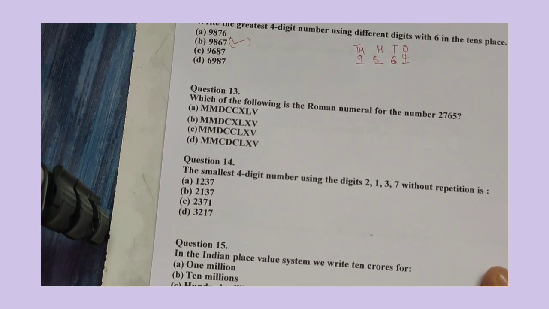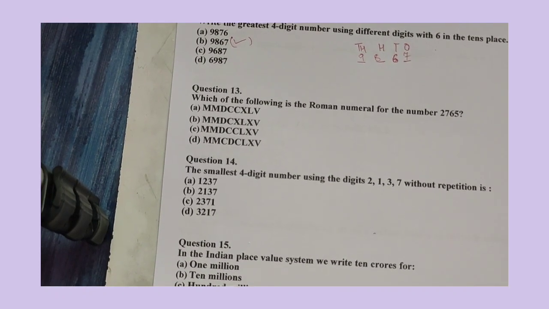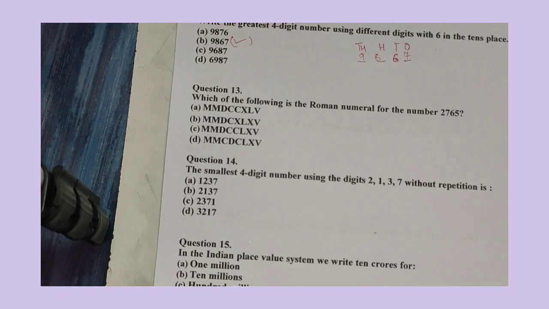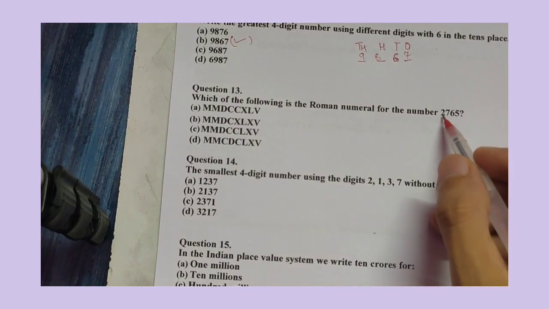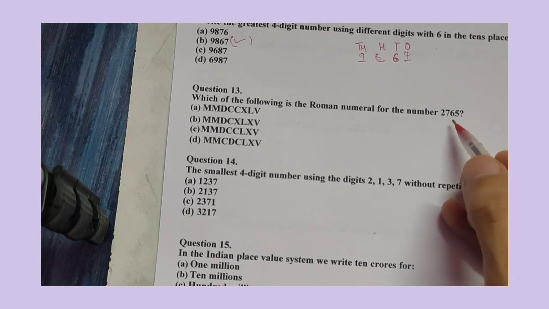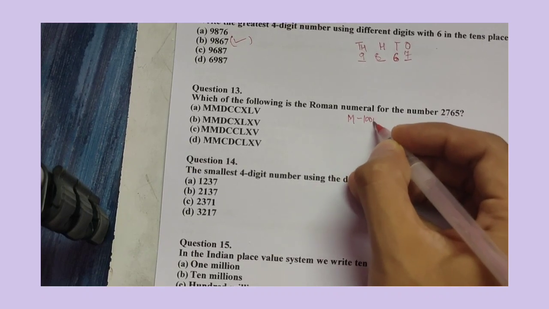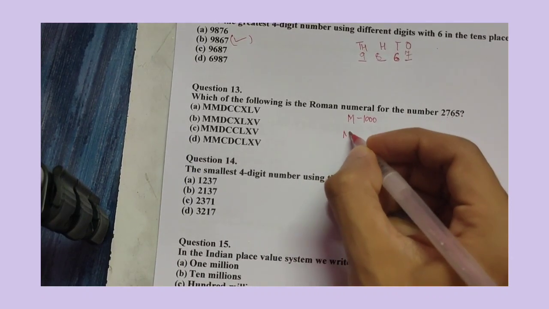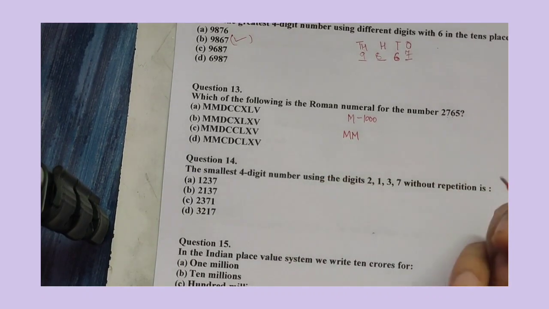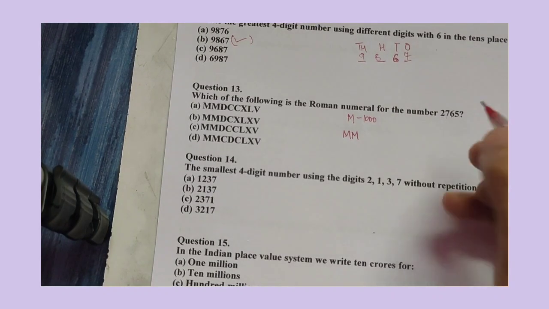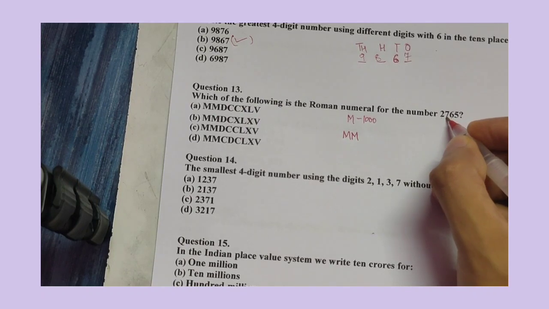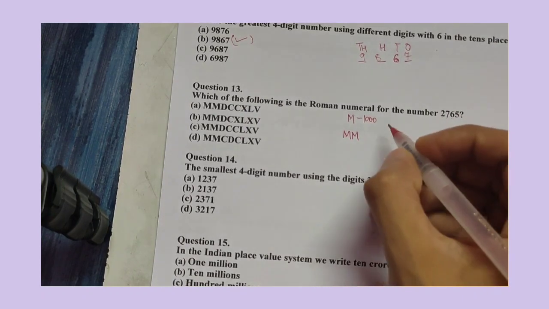Again moving with the next one. Now here, numeral to the Roman numerals, right? The value is 2765. Now as we all know, M represents 1000. So for 2000 we will require twice M. This has been done. Now what do we need? We need 700.